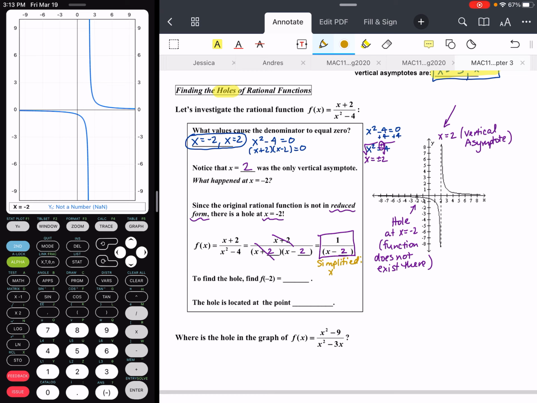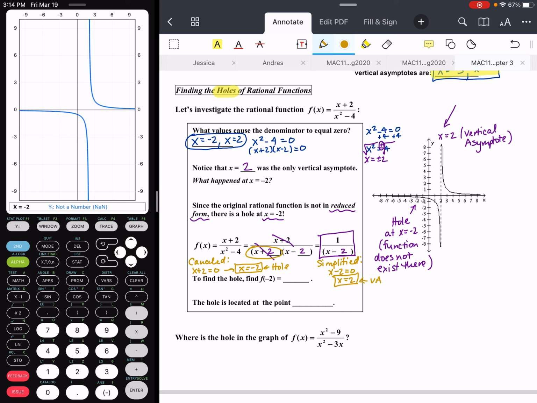So after my function is simplified, if I take my denominator and set it equal to 0, that gives me x equals 2. That's my vertical asymptote. The factor that got canceled out, the x plus 2, anything that got canceled, if we set that factor equal to 0, that's what creates the hole.